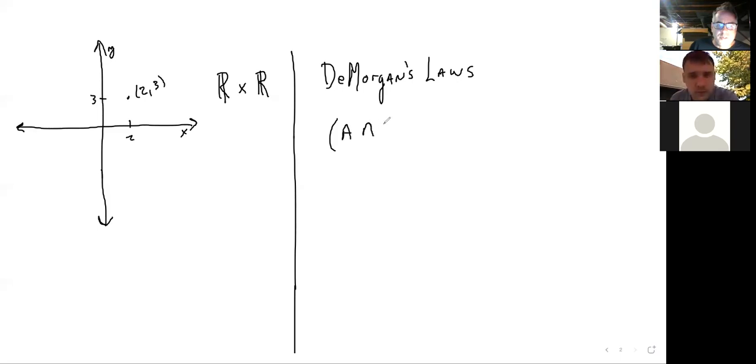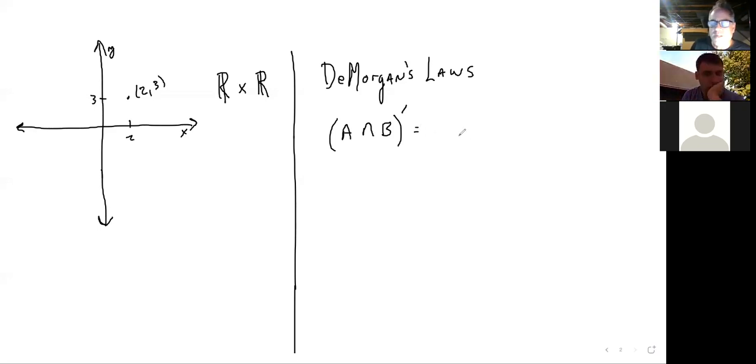Let's say I took 2 sets and I intersected them. So I found out what the elements they had in common. And then I took the complement of that, which would be everything but what's in that set.